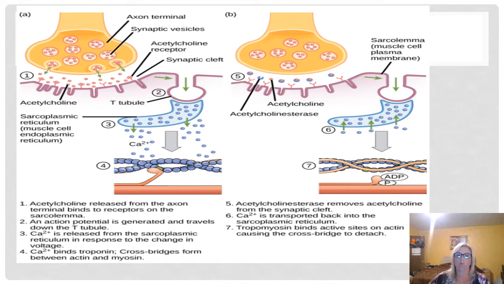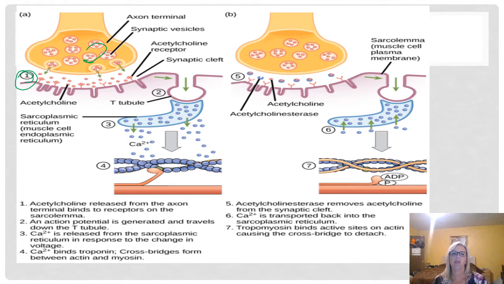So here we're going to look at the whole cycle and see how do we stop this cycle from continuing. So here at the number 1, I'm trying to find a color that's not in there. How about green? Number 1 is right here, okay? So for this muscle contraction to start, remember, the nervous system has to send that action potential signal down and tell the neurotransmitter acetylcholine to be released, okay? So these are stored in these little vesicles right there.